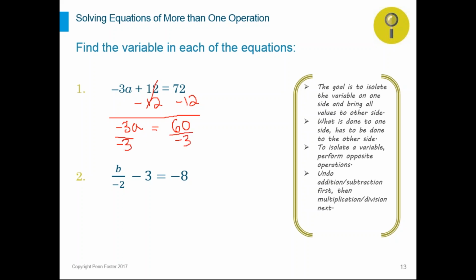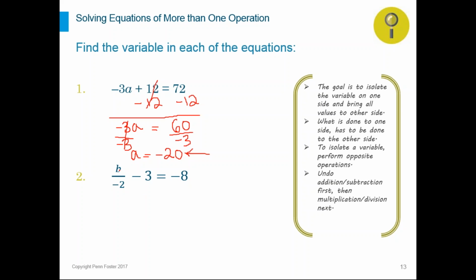Negative 3 over negative 3 is a 1, so a equals 60 divided by negative 3 will give you a negative answer, and it's negative 20. And that's your answer. We have the variable by itself on one side, and just one value on the other side, and that is the solution of the equation.